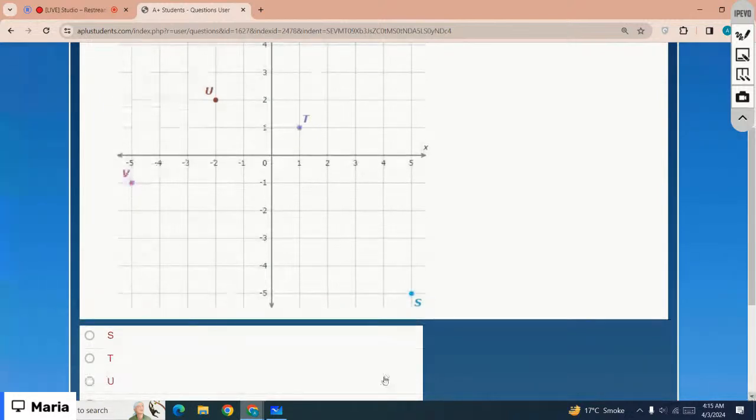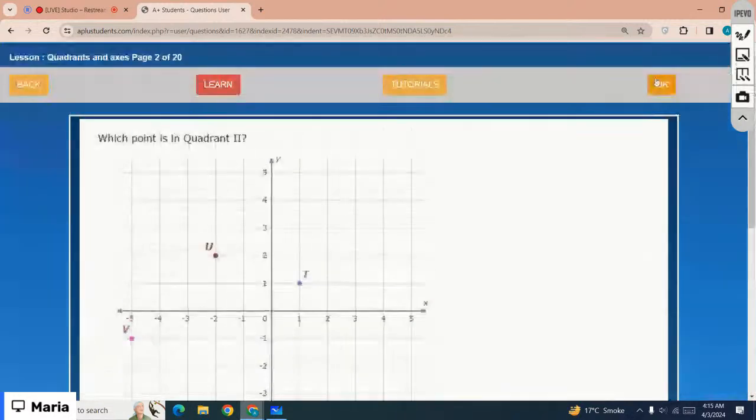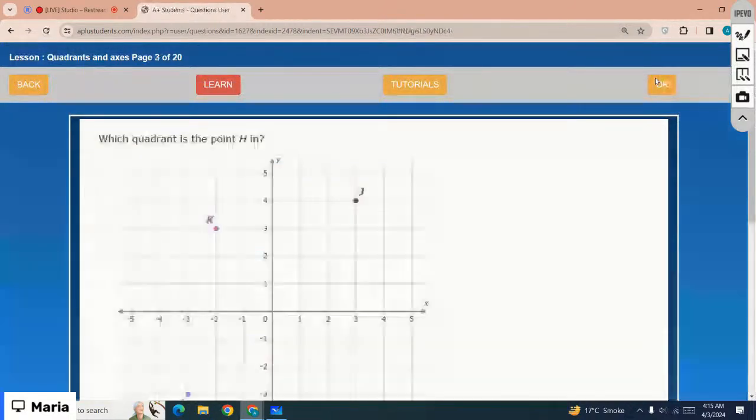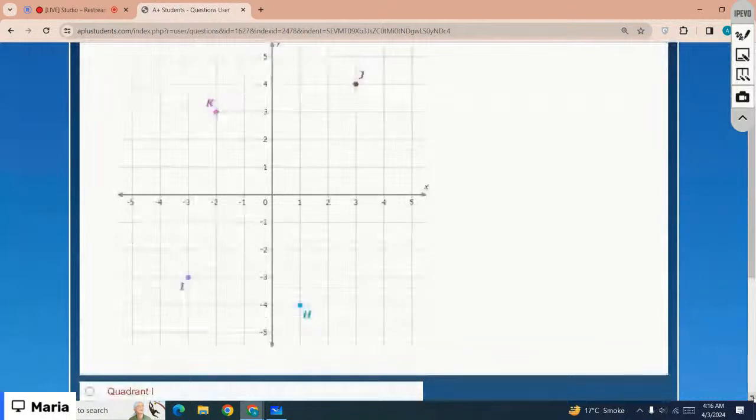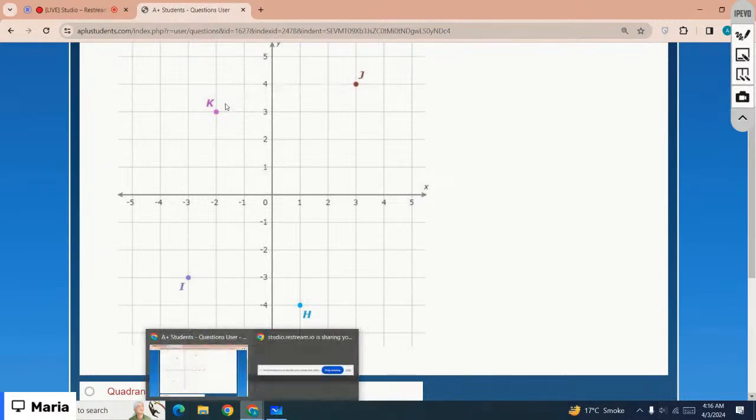The correct option is U. Which quadrant is the point H in? Which is the correct option? Here is the H, right? That is the first quadrant, second quadrant, third quadrant, and fourth quadrant. So H is in the fourth quadrant. The correct option is quadrant 4.